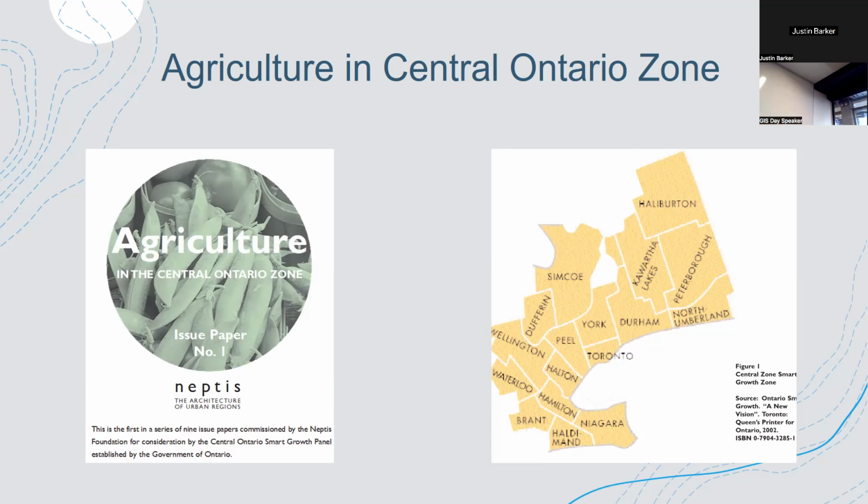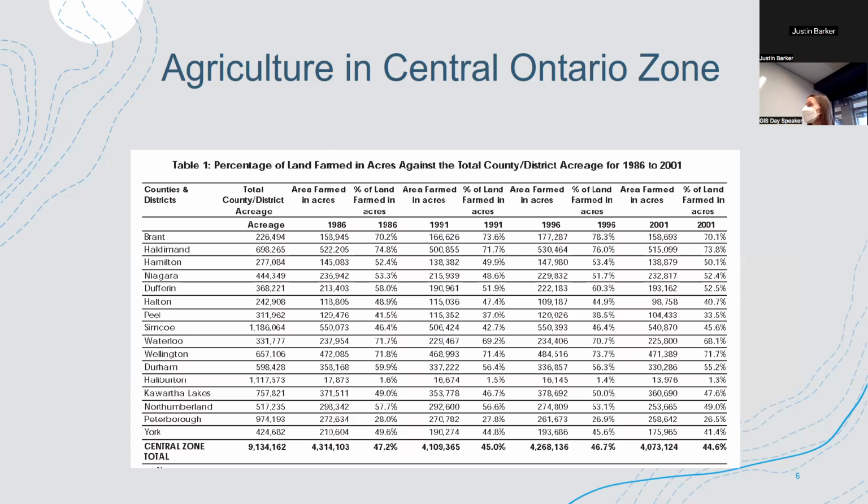And that's where Brock University, where Vaughn is based. So covering this massive area, which is great. Within that report, there was this table, and the table is percentage of land farmed in acres against the total county or district, which is great, that's exactly what we need.